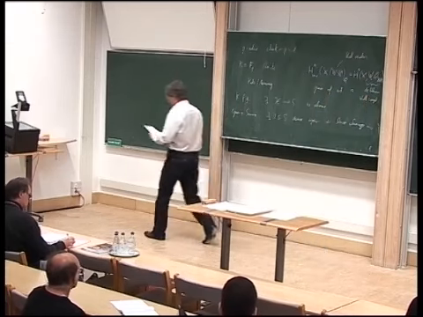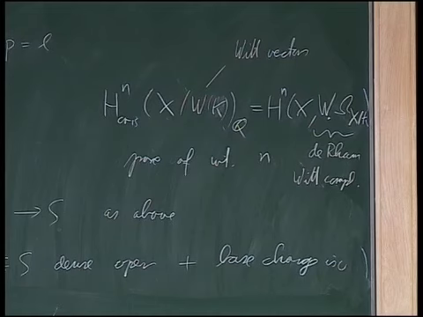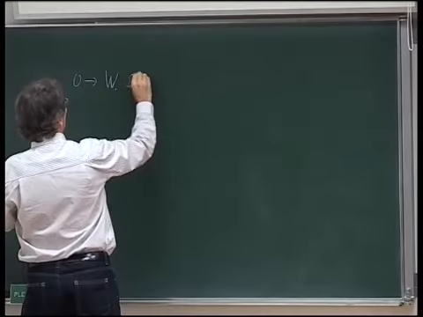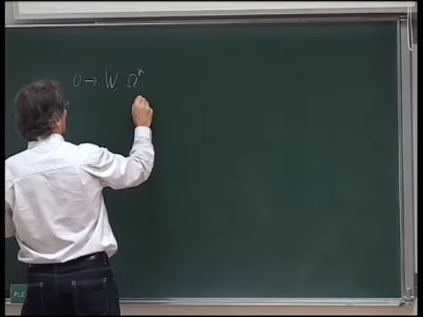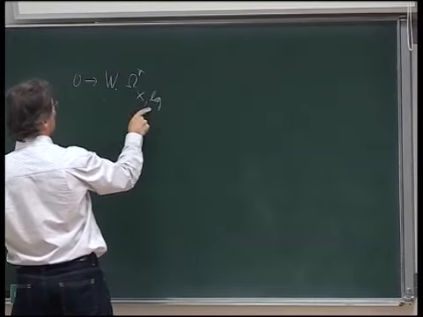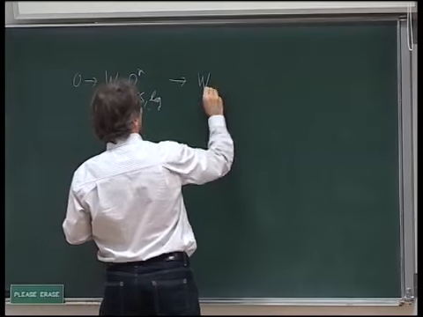And now you have an exact sequence, W_• Omega^r. Okay. So the so-called logarithmic part of the de Rham-Witt complex.